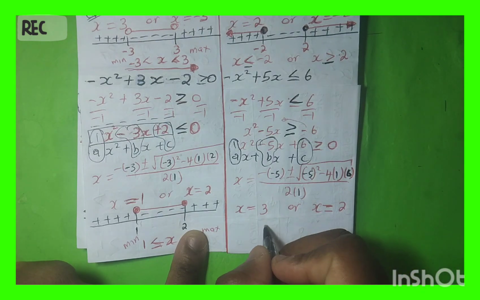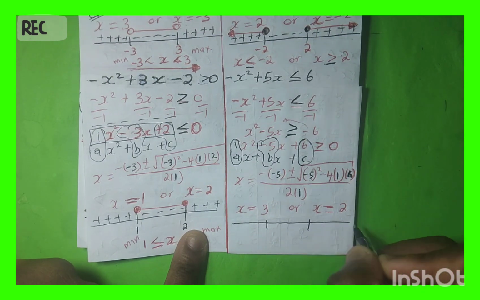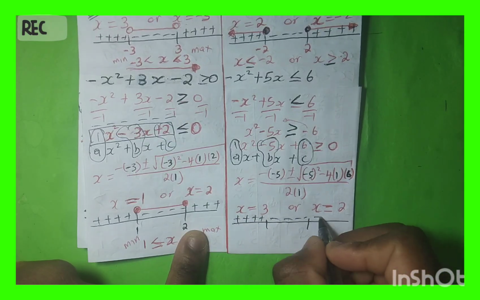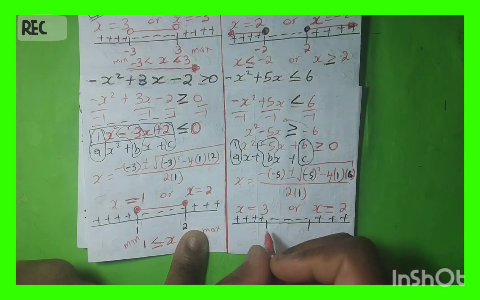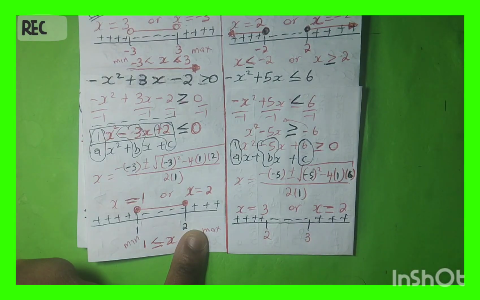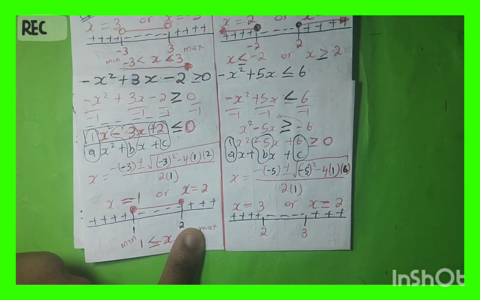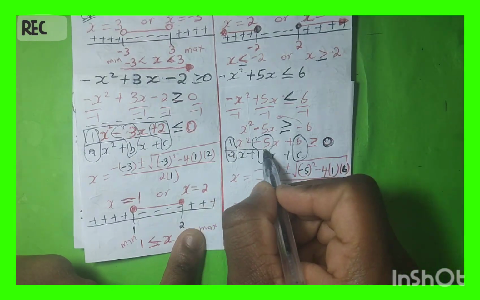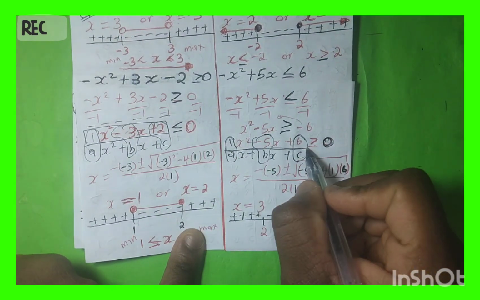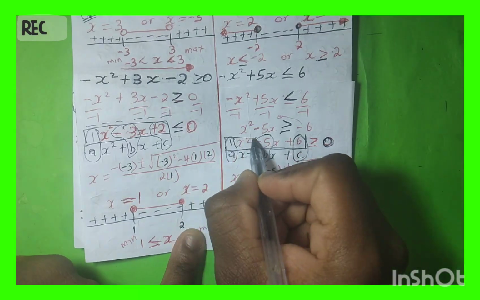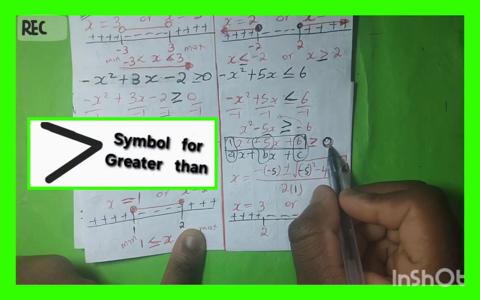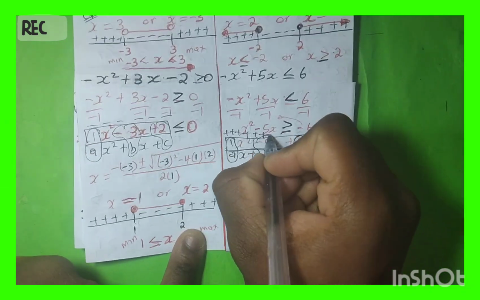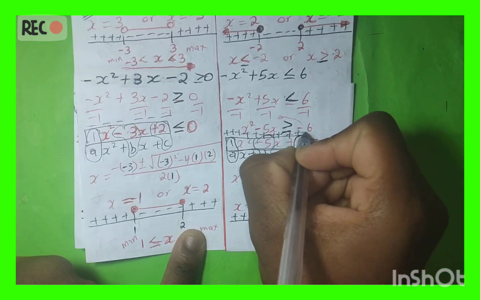So I can just draw my number line, whereby here it's positive, here it's negative, positive, and here I can write my minimum and my maximum. Then for me to identify the final answer, I should go whereby 0 is representing the equation. And there I can see that the equation is greater than 0, meaning that equation is positive.